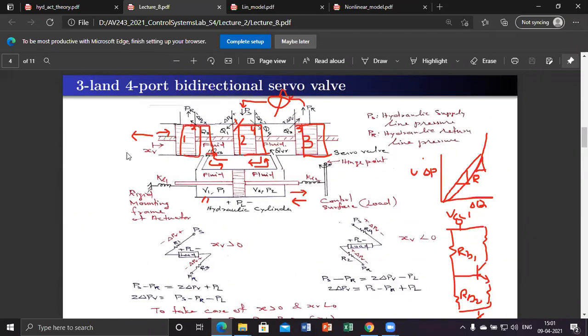That spool rod is displaced by mechanical motion xv. But who will produce this motion xv? We cannot push by our hand. Actually, this is a part of an automatic closed loop feedback control loop, and there will be some feedback sensor and command, and there will be some position error.